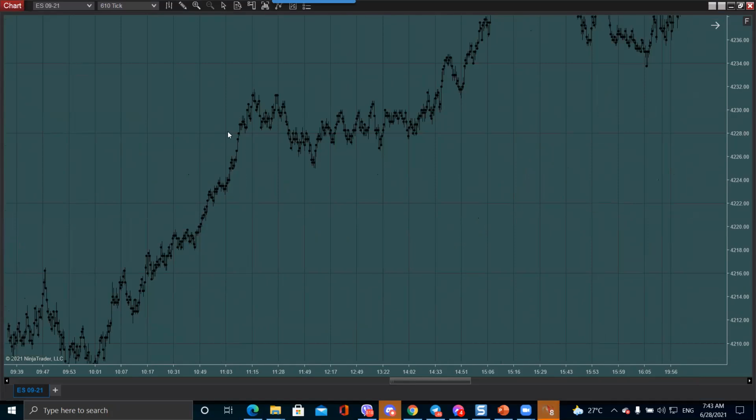Let's see right here. This right here is a very strong run. You see the bars, they're end to end, and there's really no retracement there.